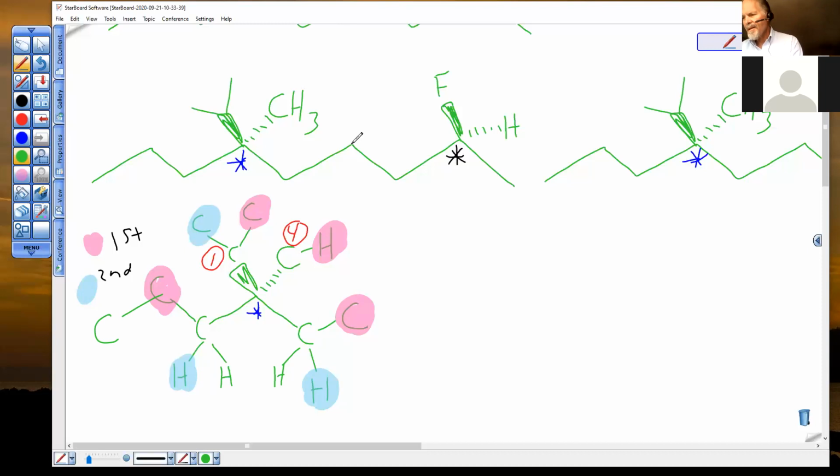There's the first, and here's the second, 1 and 2. It's got another carbon. And they both have H's. I had to circle around.